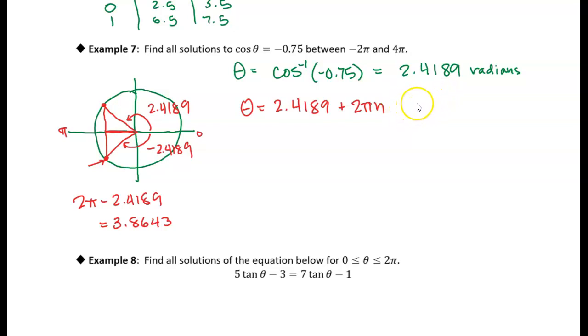And the other solution is theta is equal to 3.8643 plus 2 pi n. Okay, so those just give us all of the angles that are coterminal with 3.8643. All right, now we want all of the angles between negative 2 pi and positive 4 pi.